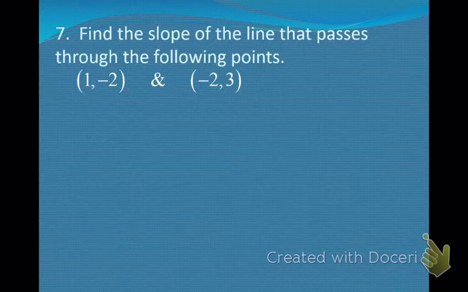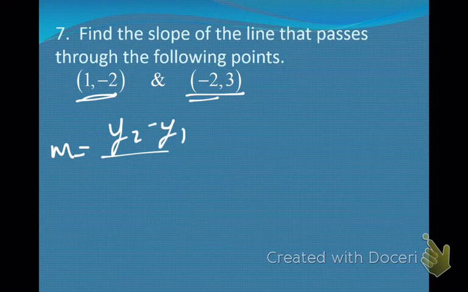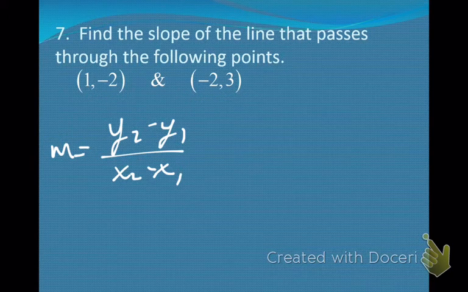Okay? All right, quick reminder. How do you find the slope if you only have 2 points? We don't have a graph, so how are we going to find the slope? Well, these 2 points are on the line, and slope tells you how you walk from one point to the next. So just use the slope formula: y2 minus y1 over x2 minus x1. Doesn't matter which one's which, as long as x2 and y2 are at the same place, and x1, y1 are in the same place.